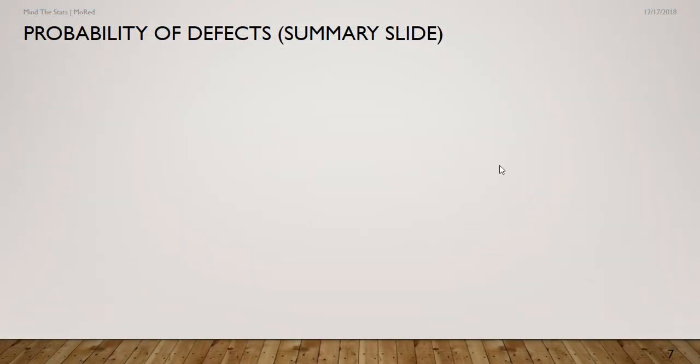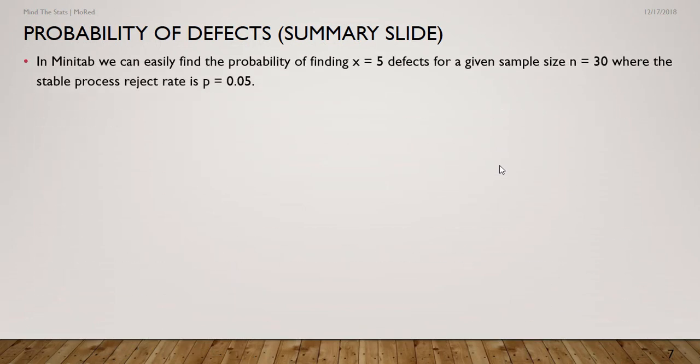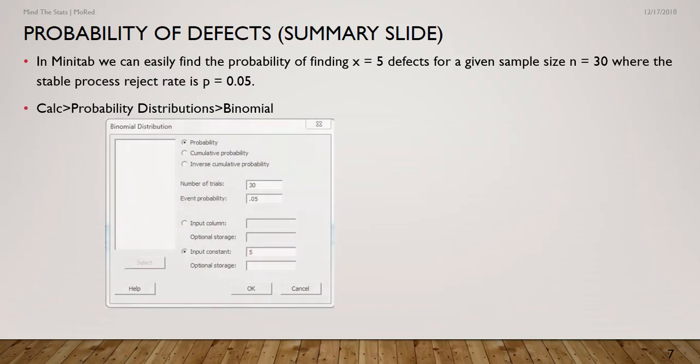And here's a summary slide. We're interested in finding the probability of finding 5 defects in a sample size of 30 with a reject rate of 5%. We went to the command in Minitab, Calc. We selected probability distribution, binomial, and we selected the first option, which is the probability.